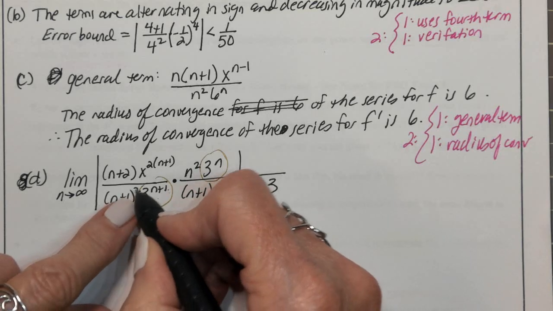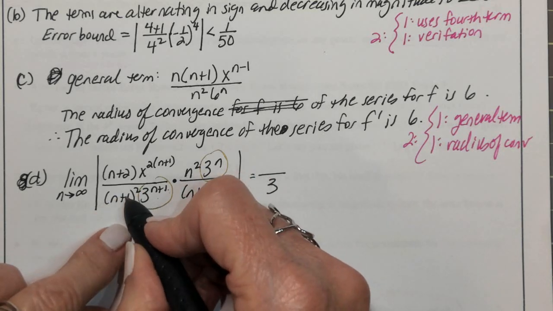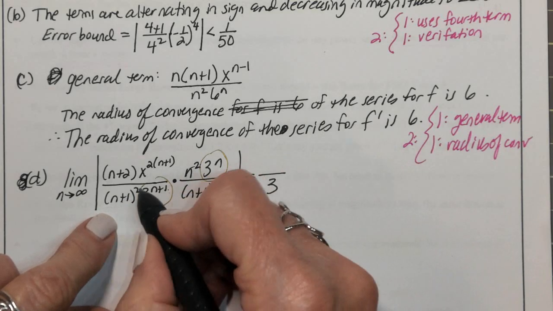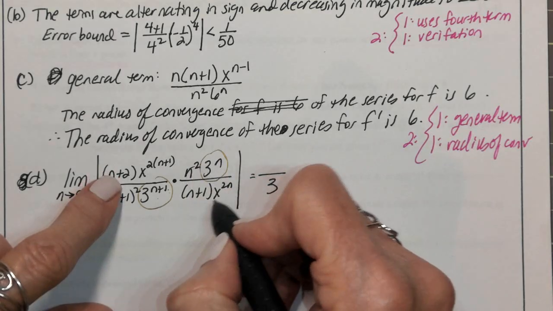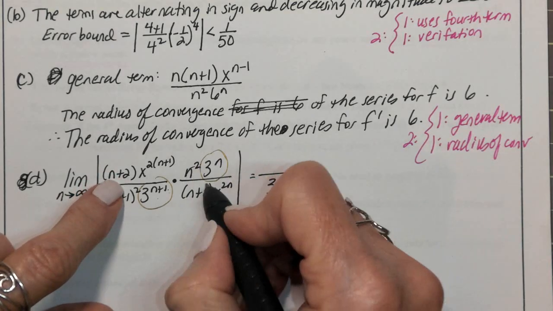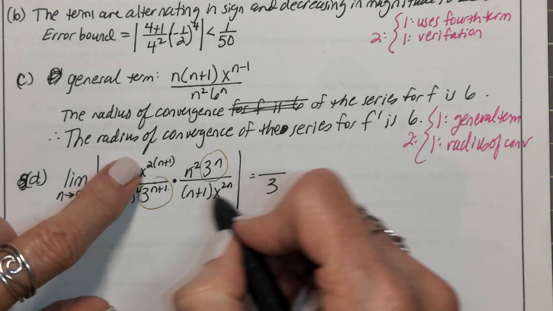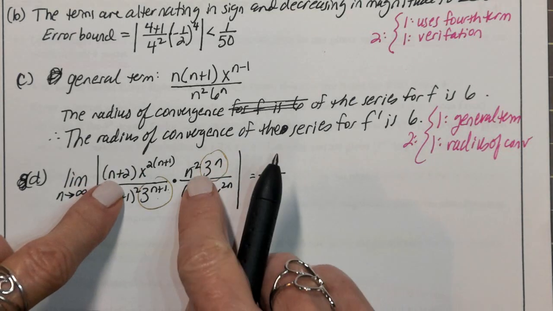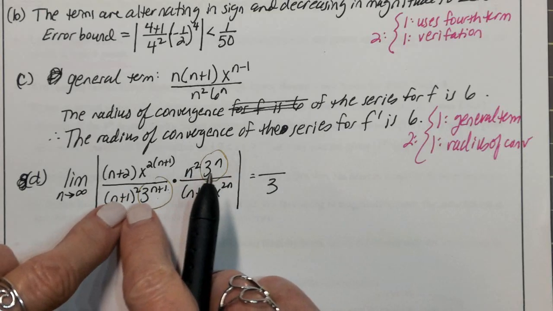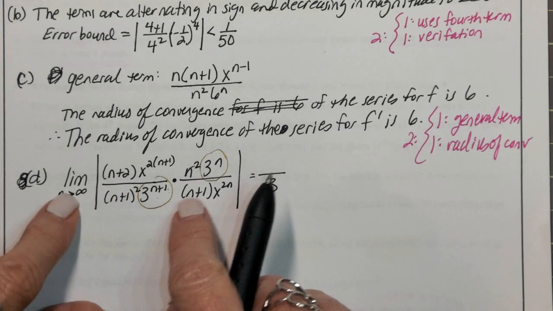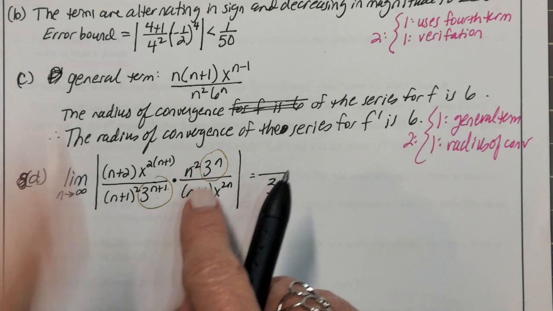The plus 1, as n goes to infinity, that plus 1 will be irrelevant. So for the n's, the limit of that is 1. The limit of the n plus 2 over n plus 1 is also 1. So remember, any polynomial term, when you take the limit, it'll be 1.